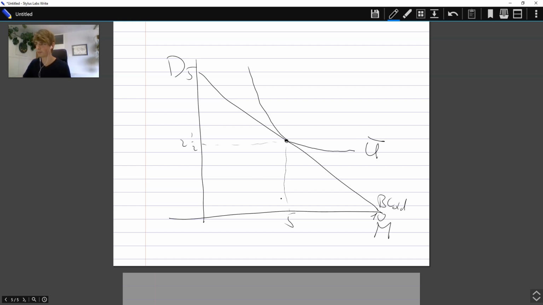So this was the situation, U bar. And now the price of movie tickets has doubled, so the new budget constraint looks like this. And it turns out now we're consuming, it's not completely drawn to scale, you get the idea.